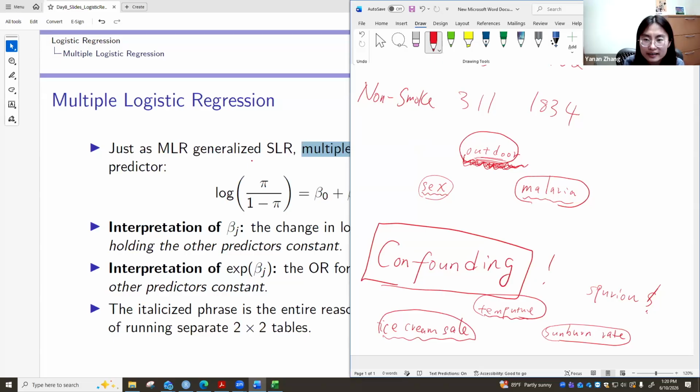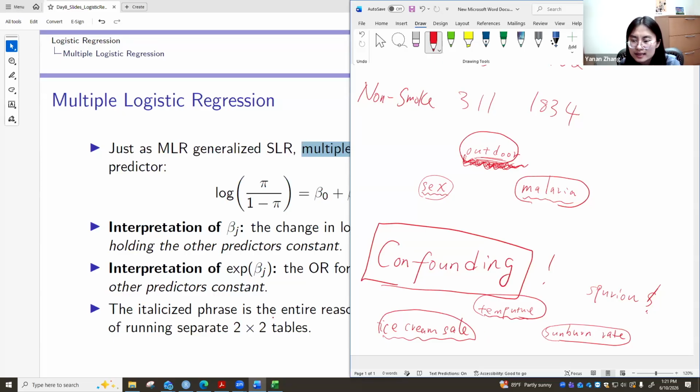So what we did here is stratify the work type into indoors and outdoors and look at the different levels, right? For the ice cream and sunburn example, we can fix temperature at a specific level or a specific range. So, for temperature in this range, does the relationship between ice cream and sunburn rate still exist?